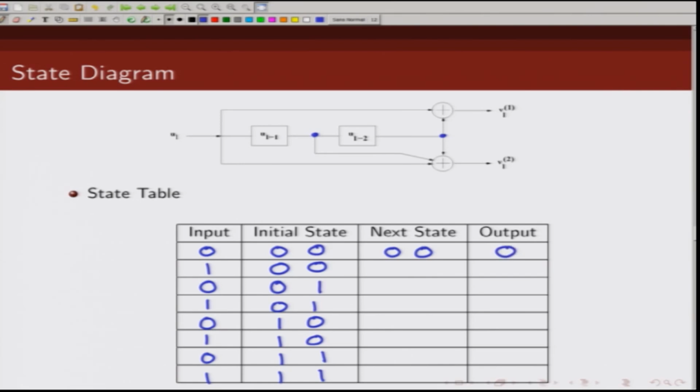Now, let us look at this. If the input is 1 and initial state is 0, 0, then this one, the one which is here, will now move to this location, right. So, the next state would be 1, 0, because 1 from this input will move here and 0 from here will move.